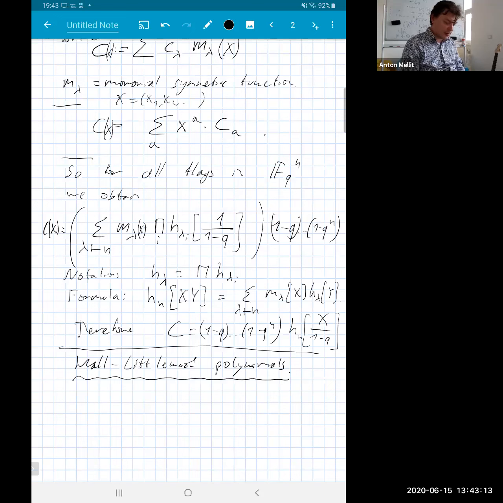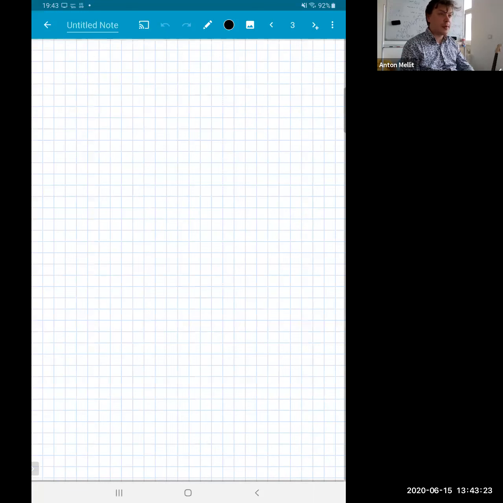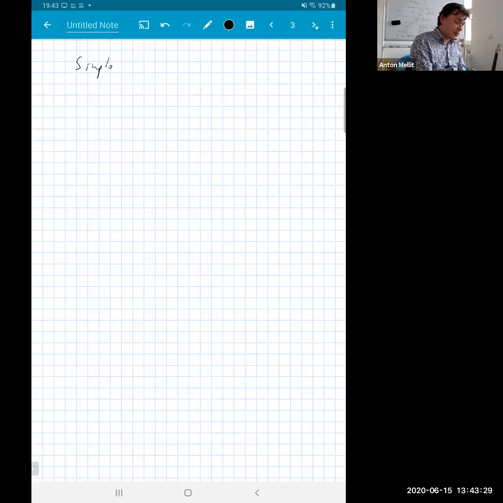So how does it work? Okay, let's move to the next page. So the simple idea is I want to fix, so let n mu be a nilpotent matrix.